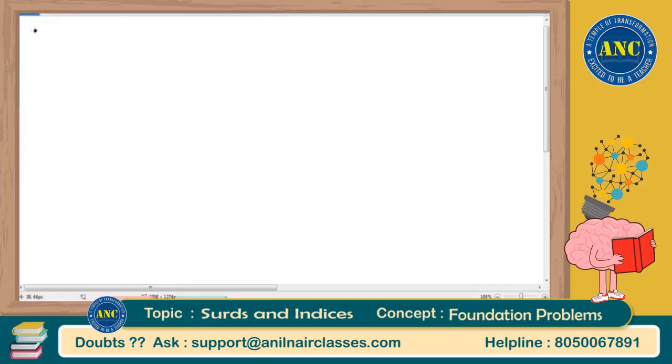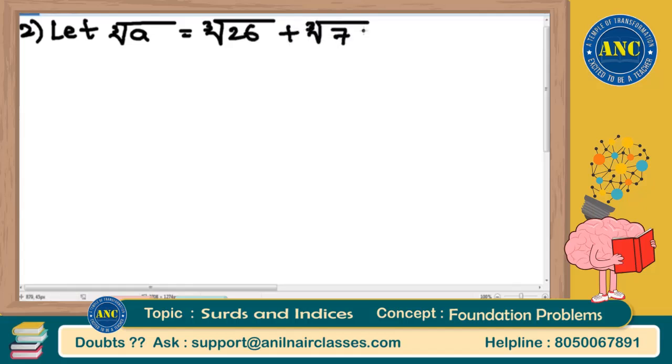Your question is: let cube root of a be equal to cube root of 26 plus cube root of 7 plus cube root of 63. Then which is the possible correct answer among the given options in the question?